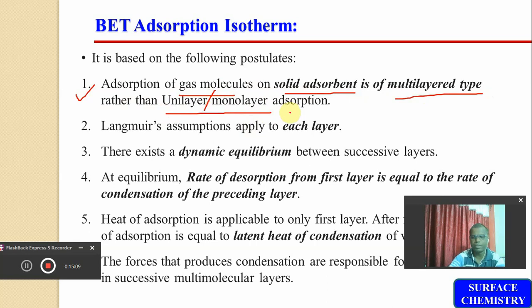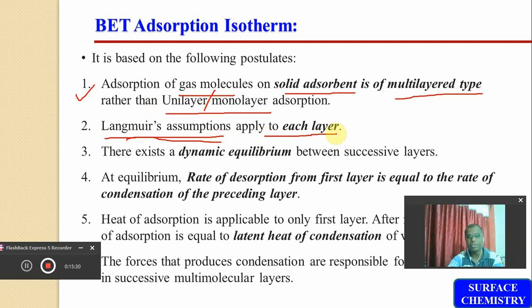It's very important to study. So the adsorption considered by the BET adsorption isotherm on the solid adsorbent is multilayer rather than monolayer adsorption. Again, they have applied Langmuir's assumption to each layer separately.